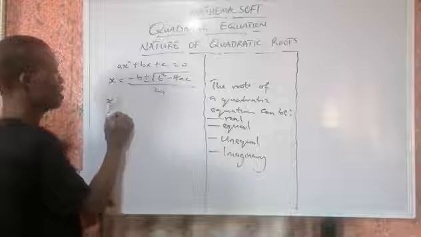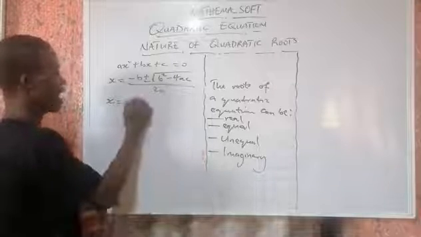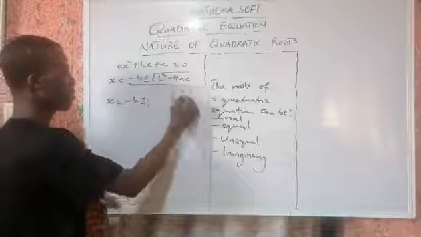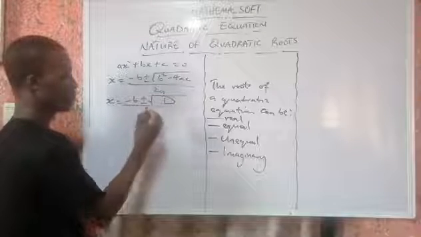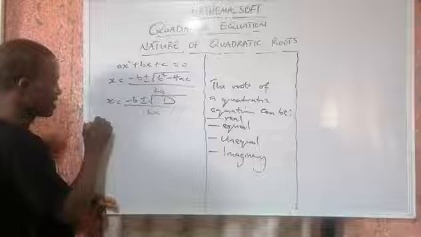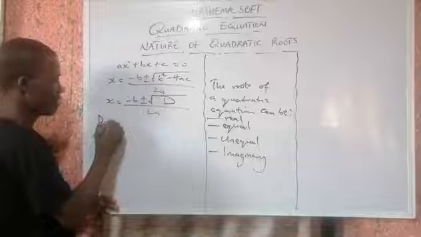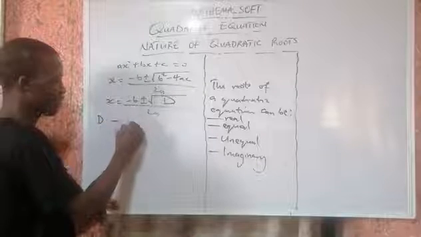This formula can be rewritten as minus b plus or minus root d, all over 2a. And this d that we have here is called the discriminant.